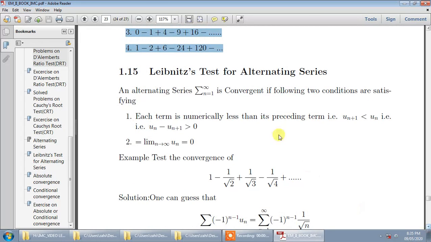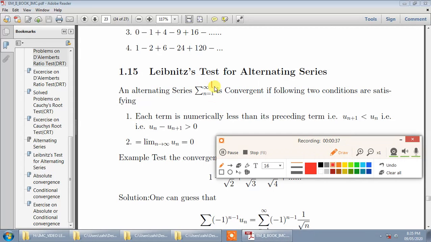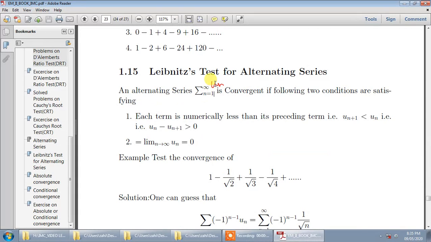So an alternating series, summation from 1 to infinity, it should be (-1)^n un. I forgot it here. It should be un. This is an alternating series, meaning one term is positive, the other term is negative.